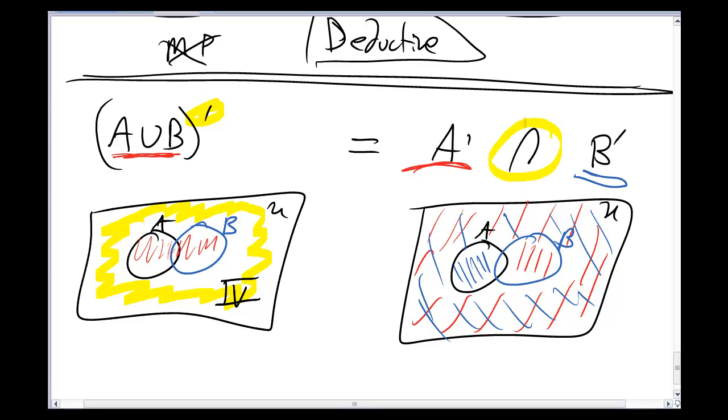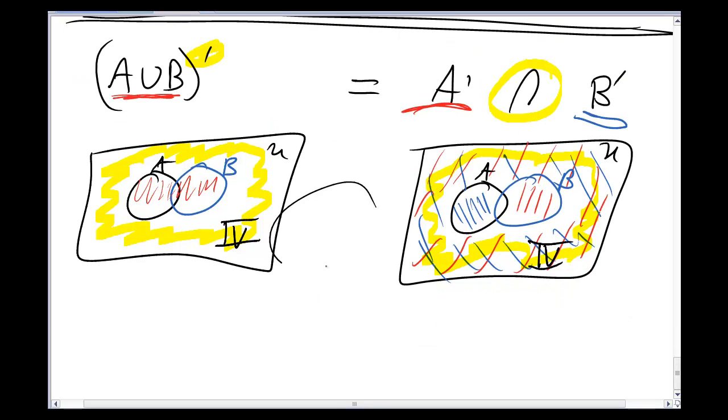That's the common ground. That's the place where I've got two different colors crossing themselves. And that's, again, all of this area here, which, as we said in our counting, is just region 4. So once again, I've used deductive logic to look at the general rules and come up with something that works for any particular set.